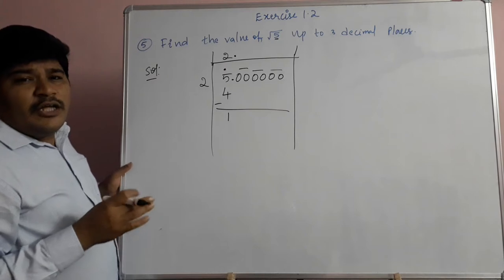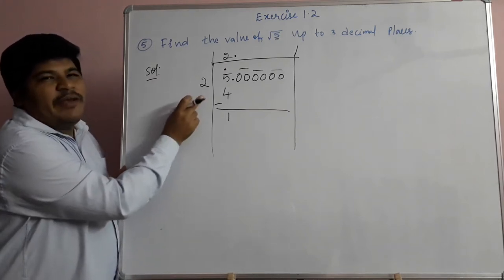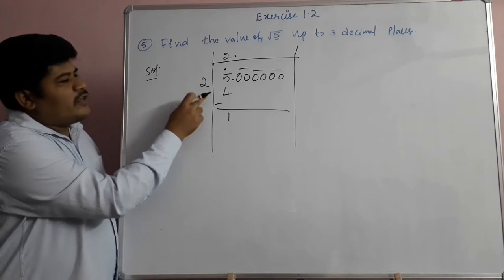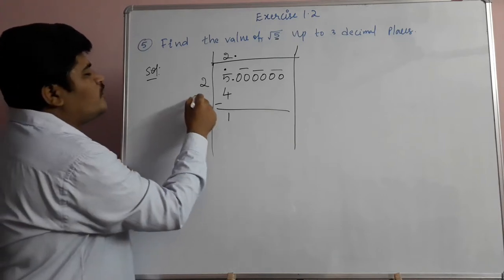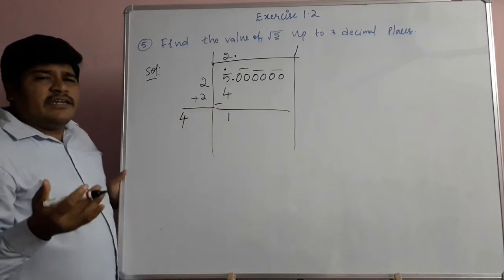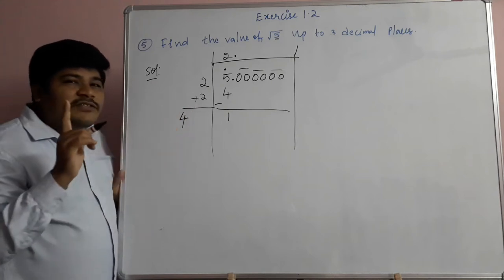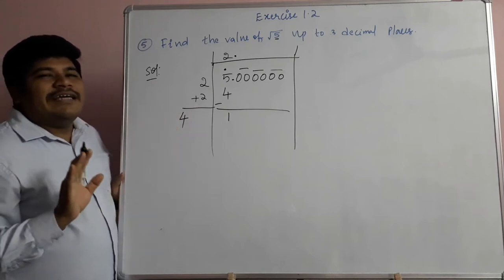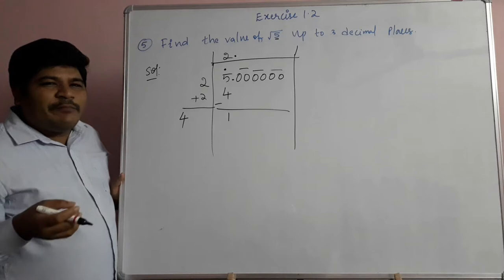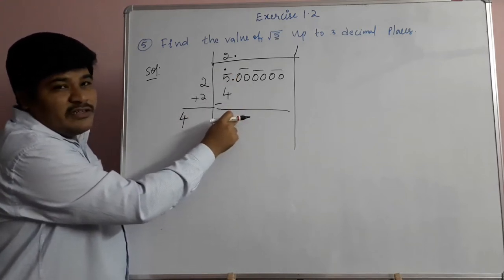And children, before going to the next step, the units digit should be added to itself. So 2 is here, and 2 plus 2 is what? 4. In general division, while taking the remainder we take just one digit, but in long division we have to take pairs. If you write only 1 0 here, that is wrong.